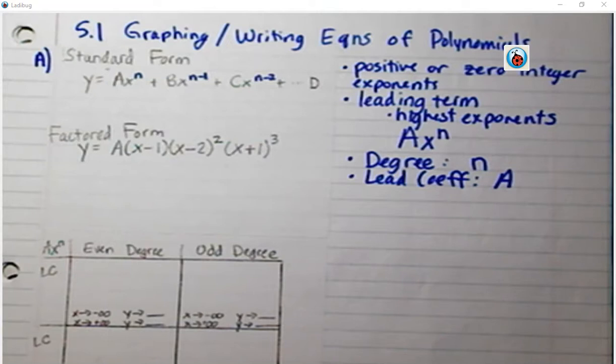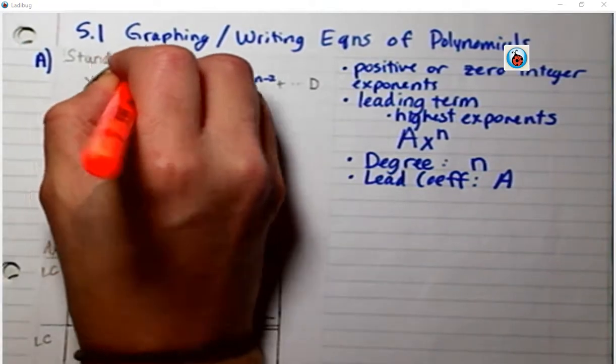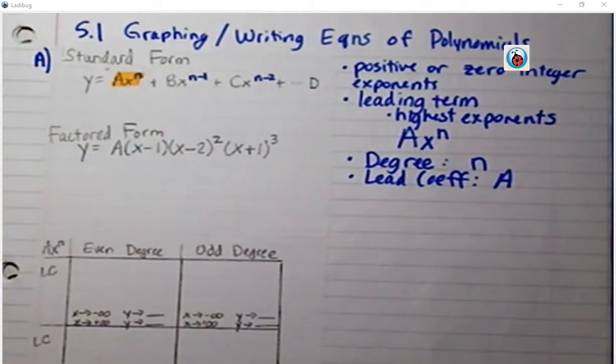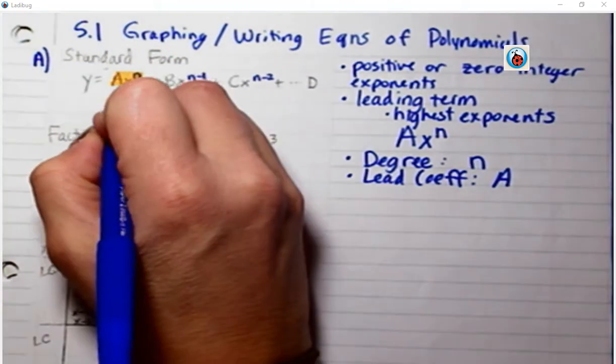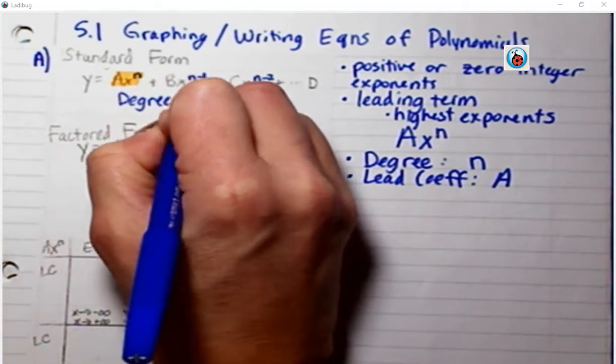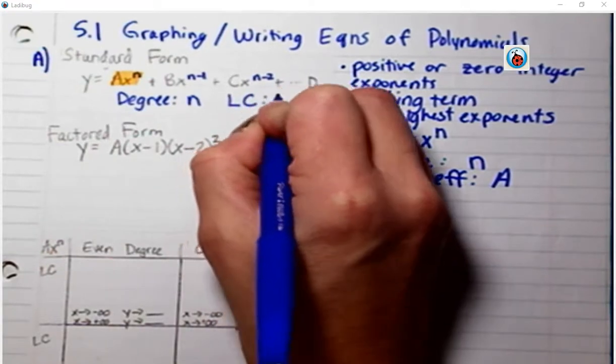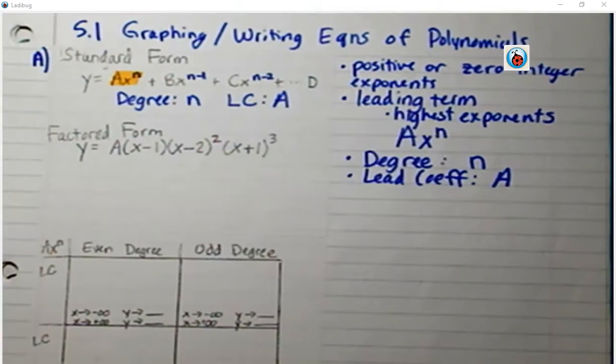Right here, that's the leading term. It's the one with the highest exponent. So in this particular case, the degree is n, and the leading coefficient is a. Very similar to what we have been doing, but now you're going to have more pieces to look at.